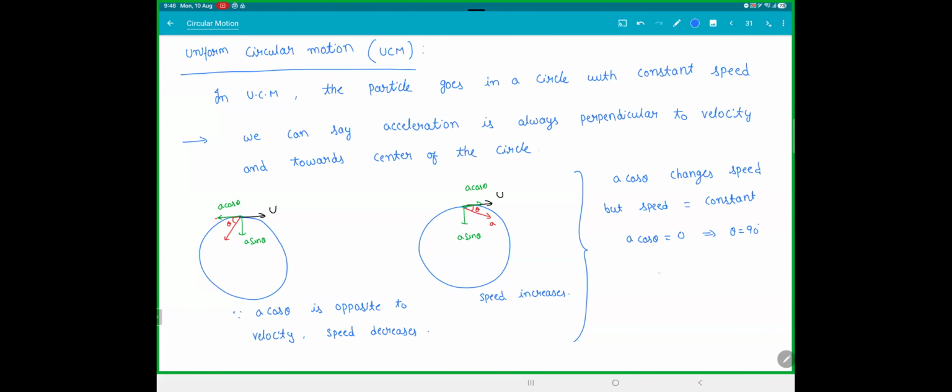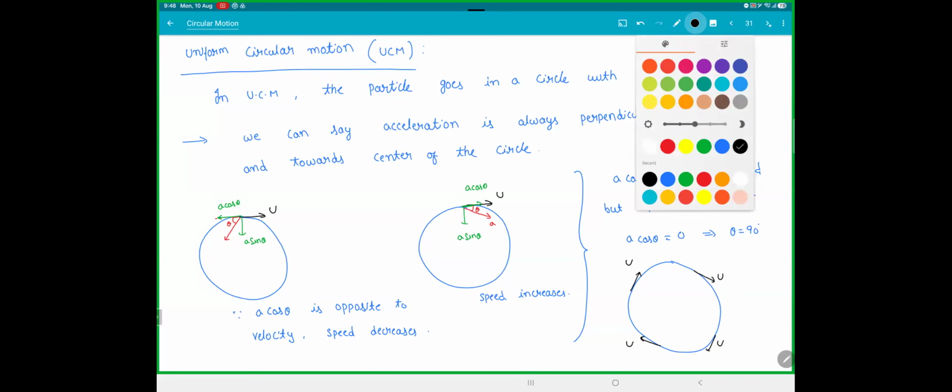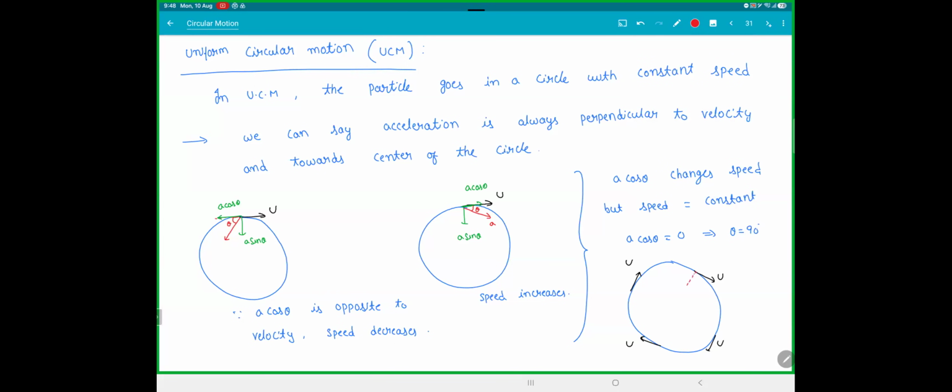And therefore, we proved when the particle is going in a circle with a constant speed, the acceleration is always toward the center. There. So that is the first thing. And all this came from one statement, that you're going in a circle with a constant speed.